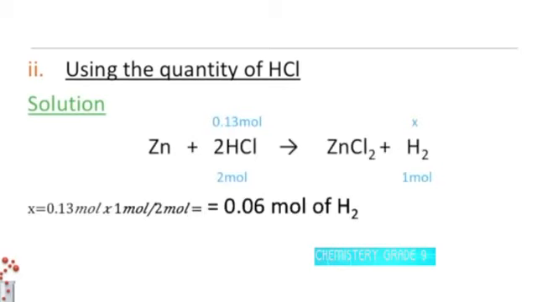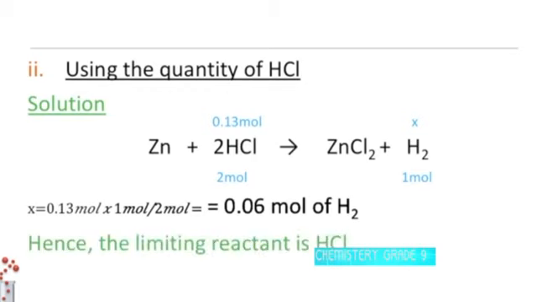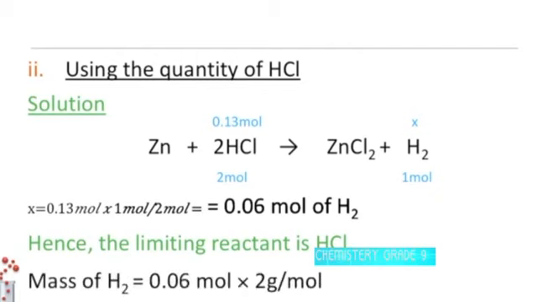We get 0.06 moles of hydrogen. That means the limiting reactant is the hydrochloric acid, because we make less hydrogen if we use this quantity. So the mass of hydrogen that's created is 0.12 grams.